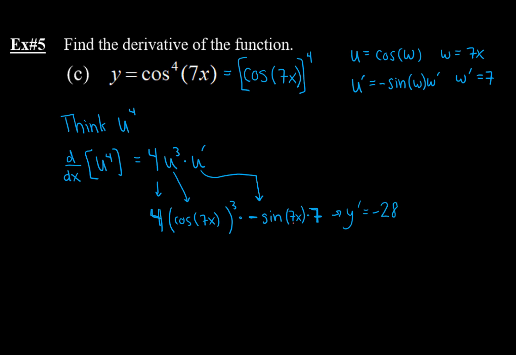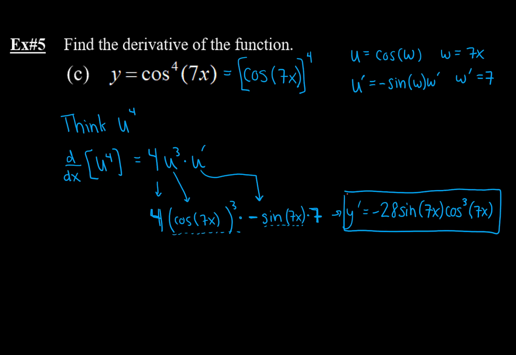And then I'm going to put my lower power function first because I'm multiplying stuff here. And then I'm going to put my higher power thing after. And I can write this with parentheses for the 3, or I can just put the 3 back in between the cosine and the argument.